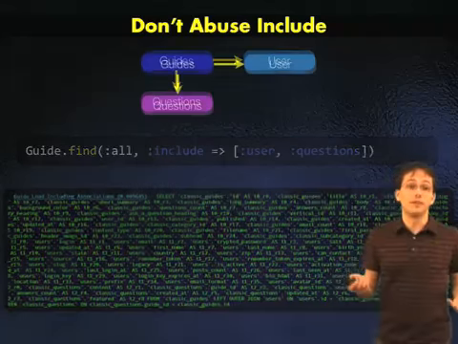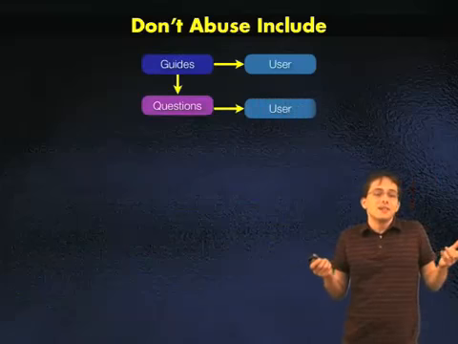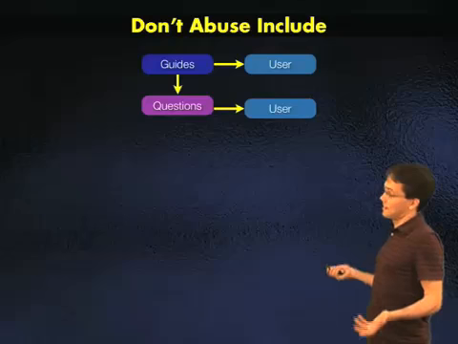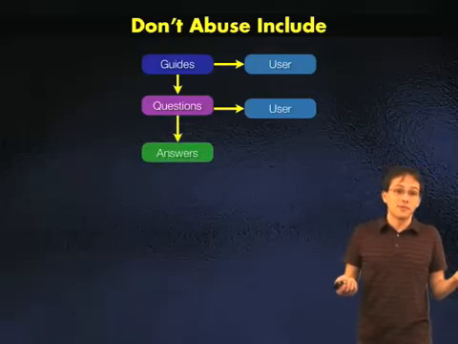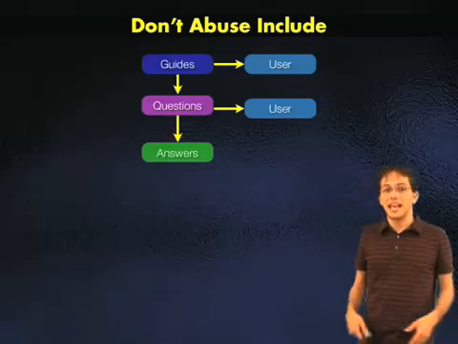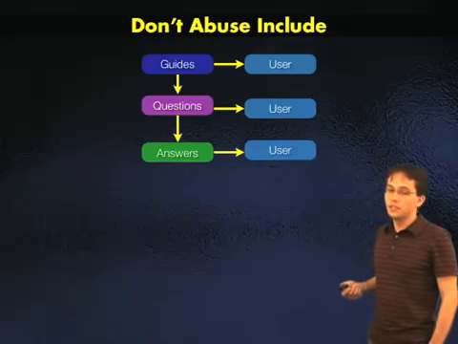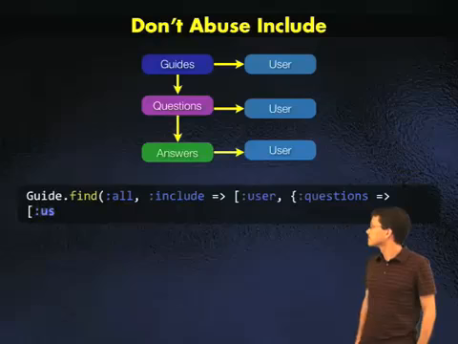But the project evolved, and we realized that eventually we also wanted to display the authors of those questions on that front page, so we added another include for that. And questions also had answers, so we added the answers. And answers also have authors, so we wanted to do this big, humongous include, and you end up with a SQL statement that looks kind of like this.